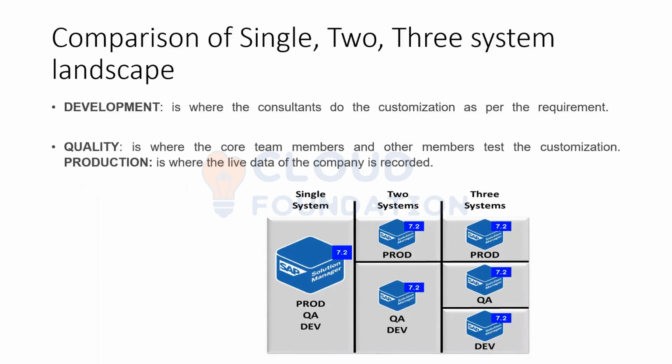If we want to make some changes, we do them in development first. If everything goes well, then we do the implementation again in quality. And if it works out very well, then we go to the production system. Generally the implementation is done like this.